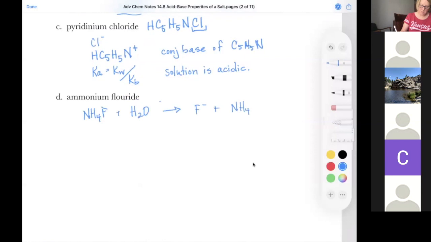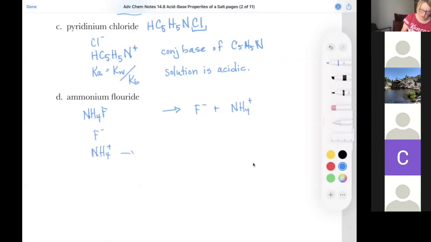I'm not sure that the water helps, so let's take it back out. Just looking at how the ions dissociate, we need information about F and we need information about NH4.